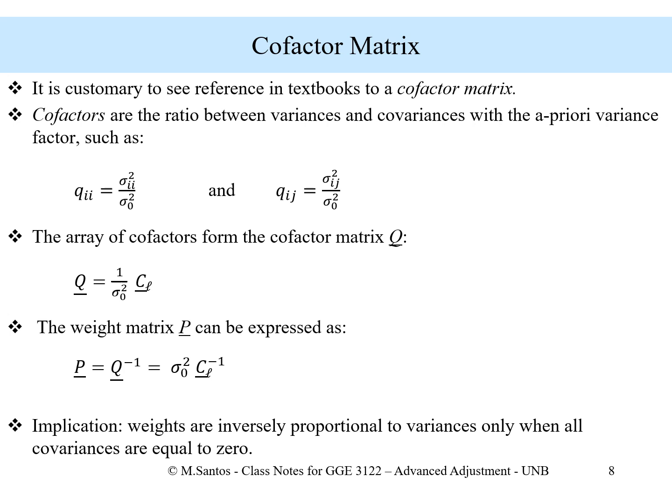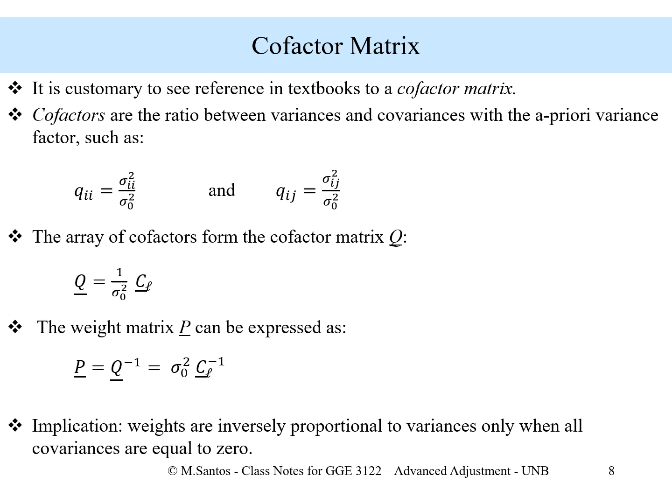These terms Q sub ii represent the diagonal cofactors. They are written in the diagonal of the cofactor matrix. And the terms Q sub ij are the off-diagonal cofactors.